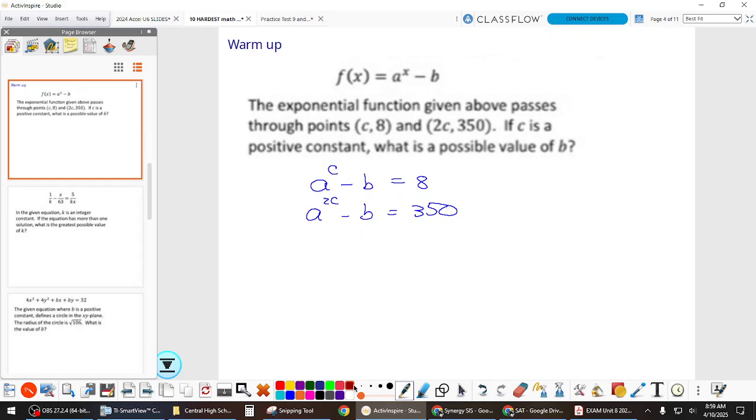But we can combine these two. How would you do that? Can we add those two? These are not like terms because they have different powers, and then minus 2b.